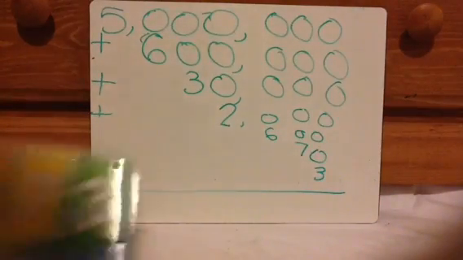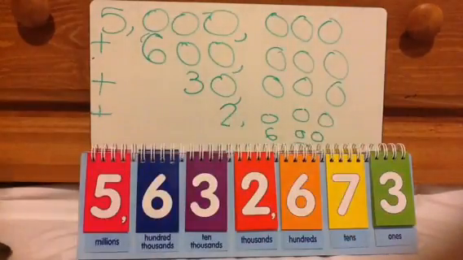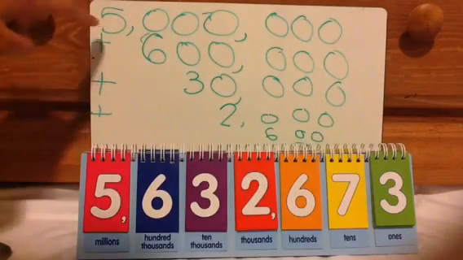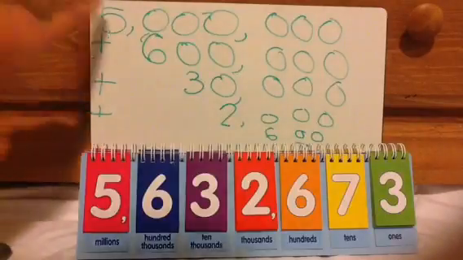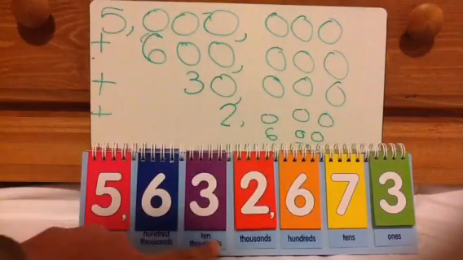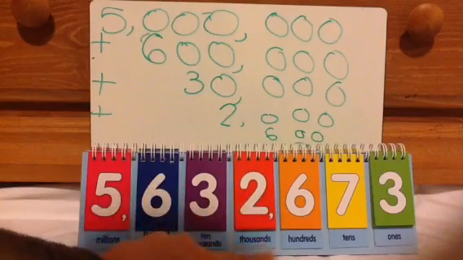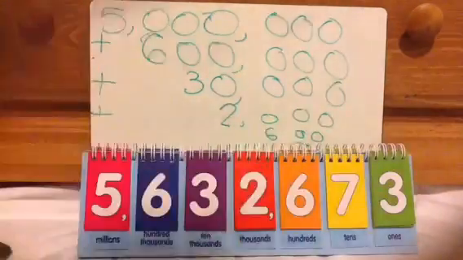This is known as expanded form. You are taking each place value and isolating it with all the zeros in the other place values. So you can't say 5,002,000. It has to be 5 million on its own, 600,000 on its own, 30,000 on its own, 2,000 on its own, 600 on its own, 70 on its own, 3 on its own.